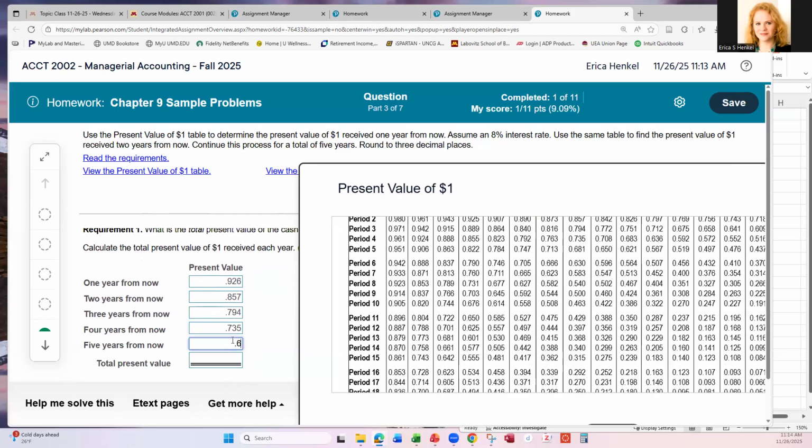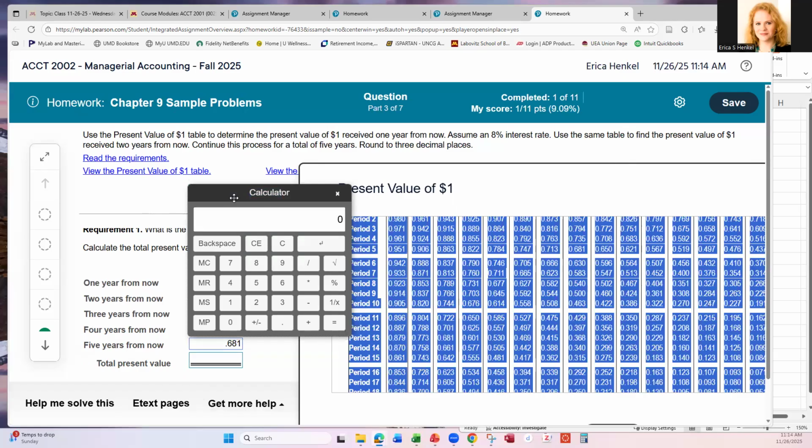So basically, another way of saying this is that if I want to have $1 1 year from now, how much would I need to invest at an 8% interest rate to end up with $1 in a year? So if I were to take this 92.6 cents and invest that today, whoops.